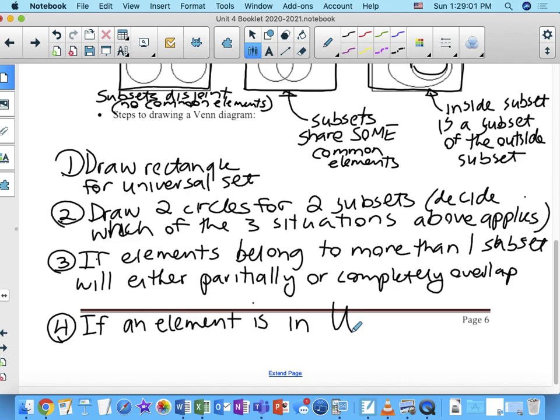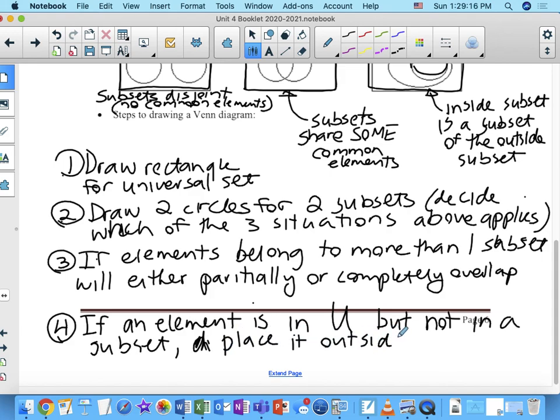In U, but not in a subset, or I should say place it outside the circles, but in the rectangle. And when we do an example, this will become pretty clear.